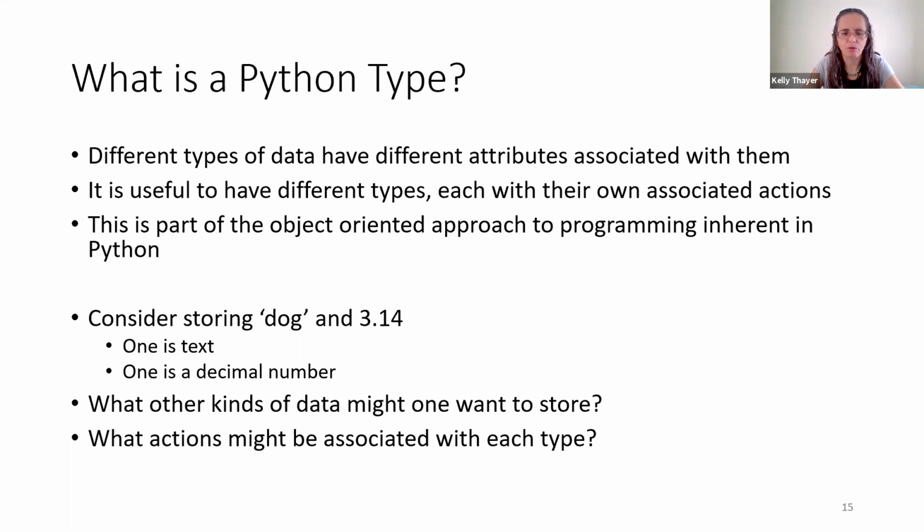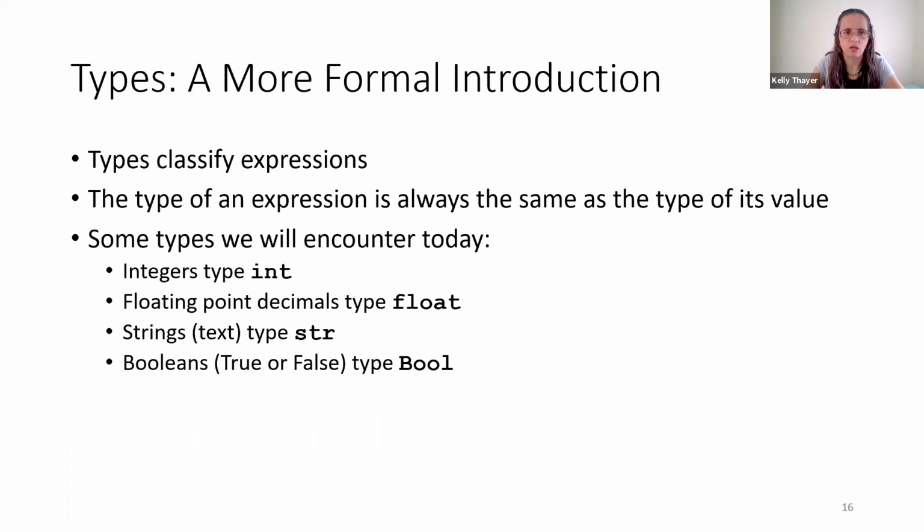So for example, we might want to do math on numeric types, but that wouldn't really make sense on text, such as a dog, right? So what we're going to do is we're going to have different types associated with the different kinds of things that we can store. So we'll need to have some types associated with the data.